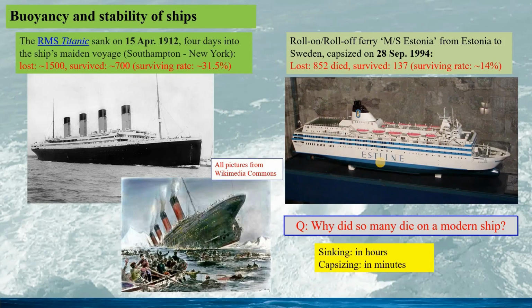In the sinking of a ship, it would take hours. The Titanic took more than 2 hours to sink, but in capsizing, it takes only minutes. Although the full sinking of MS Estonia took about 1 hour, people were trapped in the capsized ship before her sinking.